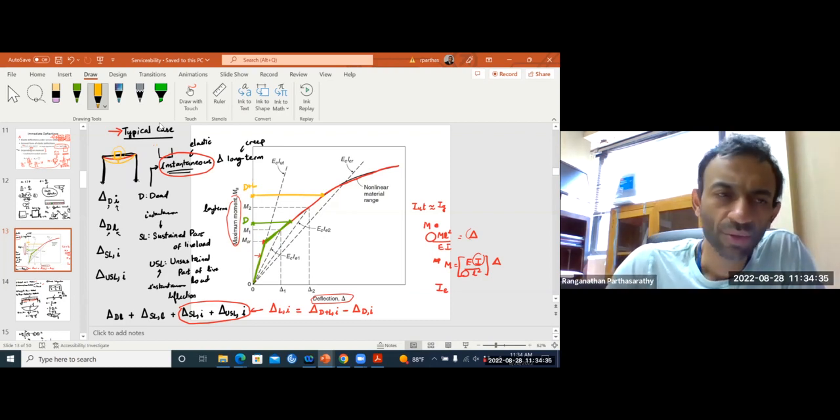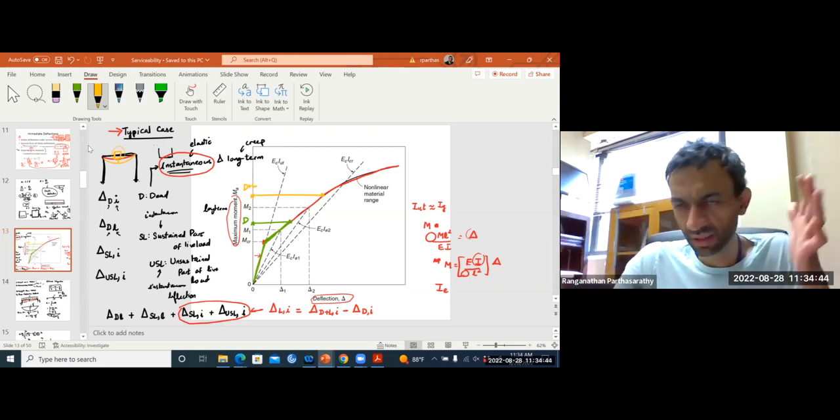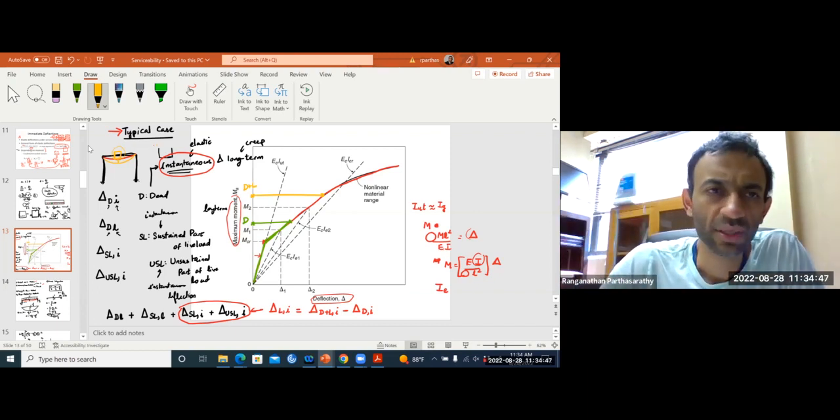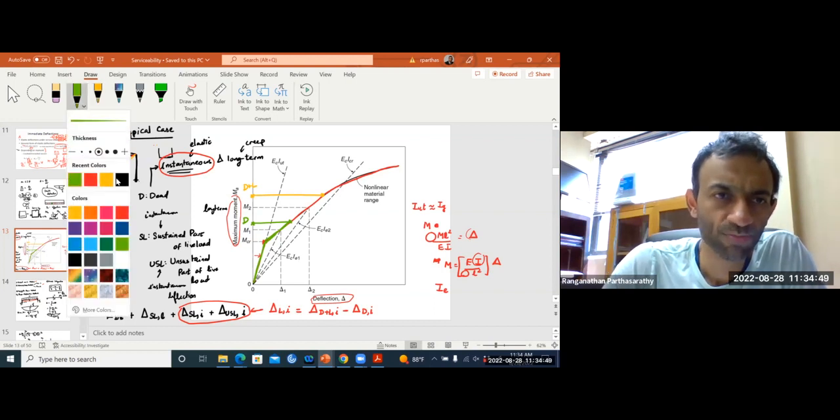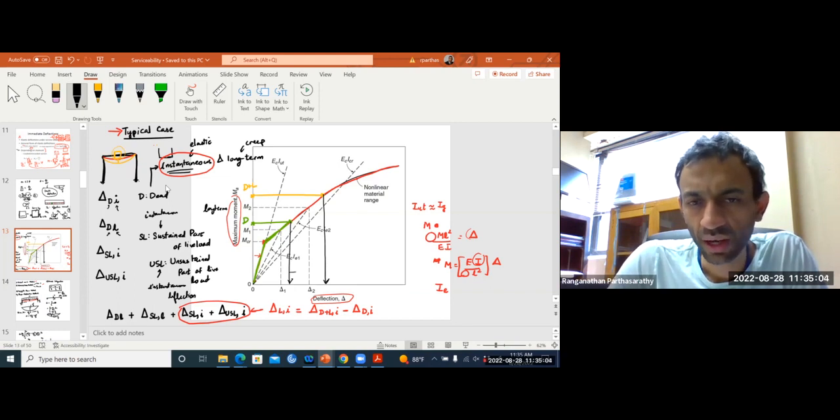Okay. So like I said before, what we are interested in a lot of the time is the additional deflection caused after the load comes in. That means we are interested in from this point to this point, because of placing that live load, how much was the additional deflection?